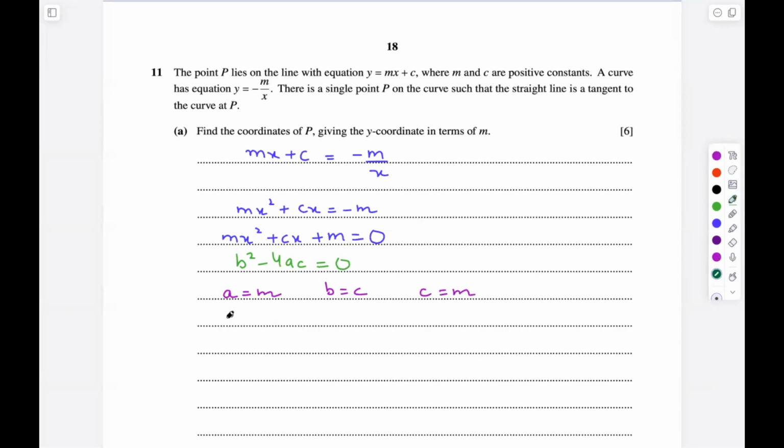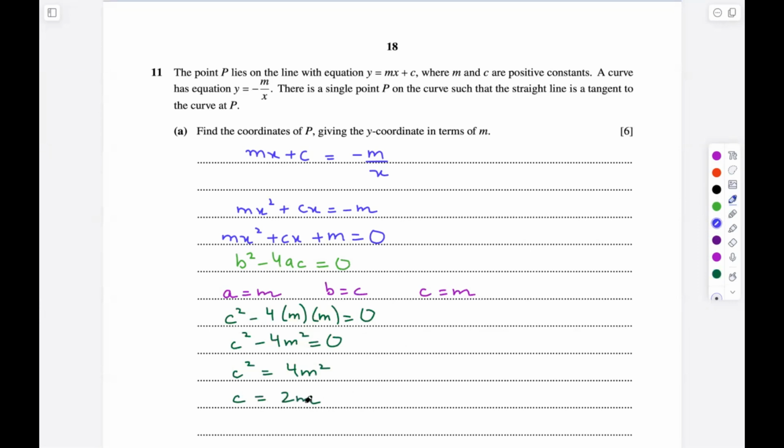Applying b squared minus 4ac, we'll get c squared minus 4 into m into m equals 0. So c squared minus 4m squared will be equal to 0. We can write c squared is equal to 4m squared, taking the square root on both sides. So the value of c will be equal to 2m.